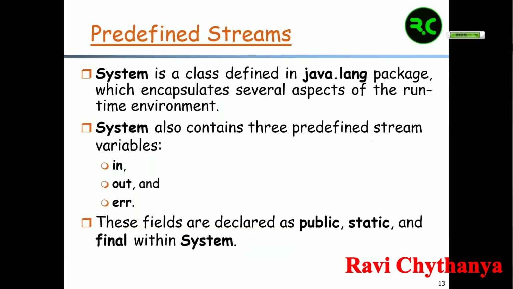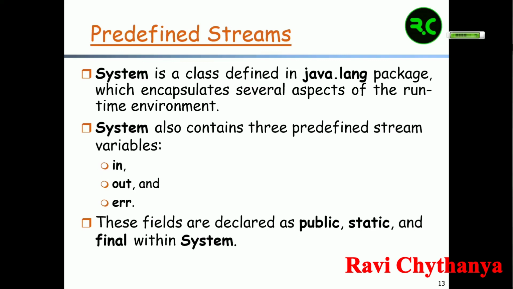Predefined streams: System is a class defined in the java.lang package. As we have already seen in so many programs, System has three predefined stream variables. One is in, second is out, and third is err for error.